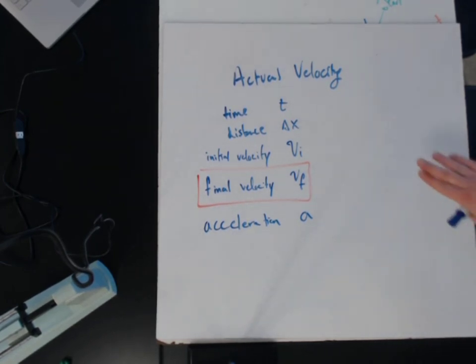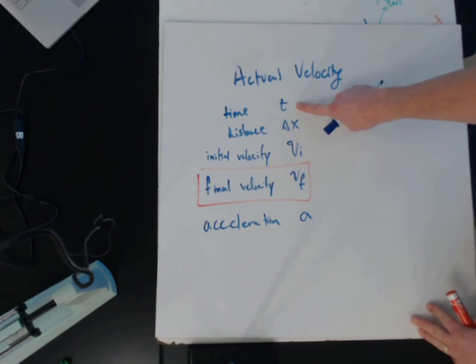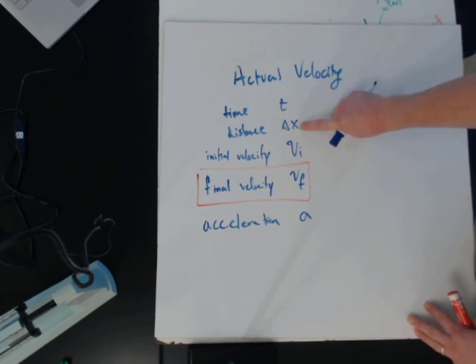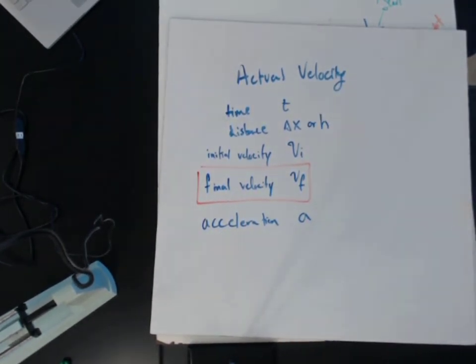So when we go to see what our actual velocity is, you could look at the time values we collected, either by looking at the falling weight data or by looking at the horizontally moving cart, see how long it takes to travel a certain distance, delta x, or we could also write that it's the same as our h, right? That's the same thing.